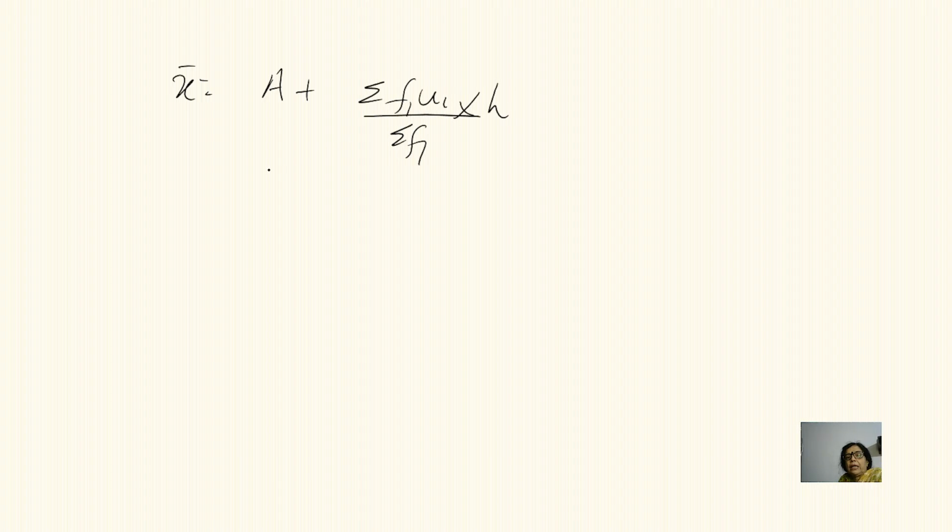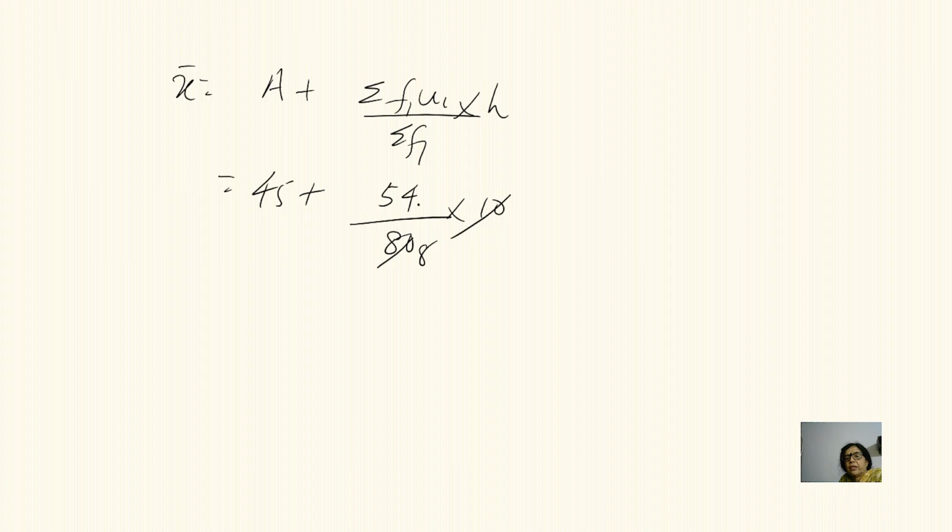Now we go to find out the mean. So x mean is equal to A plus summation fiui by summation fi into h. A, the assumed mean, is 45. Summation fiui is coming as 54. Summation fi is 80. Class interval is 10.